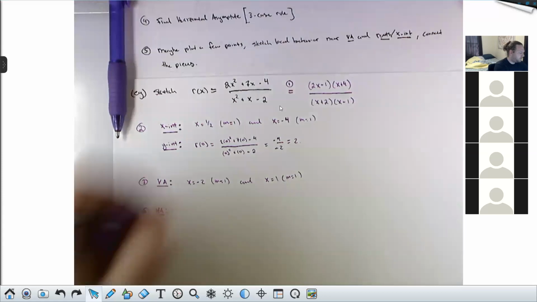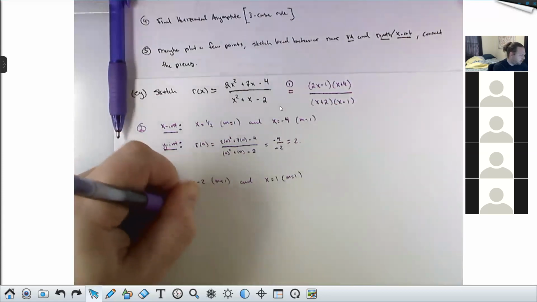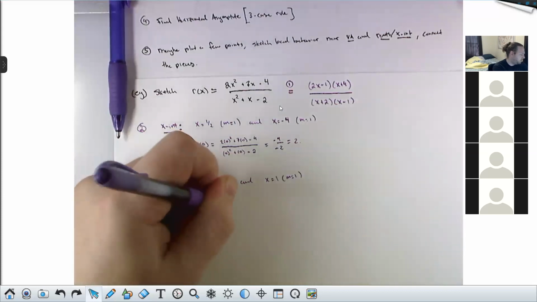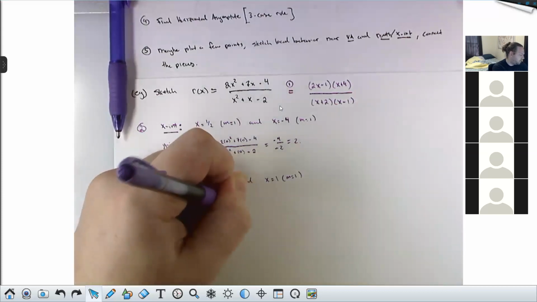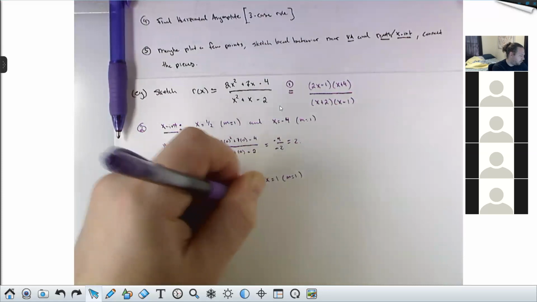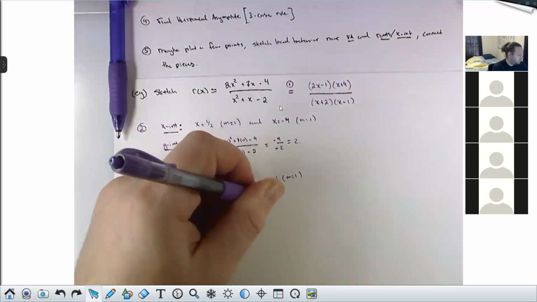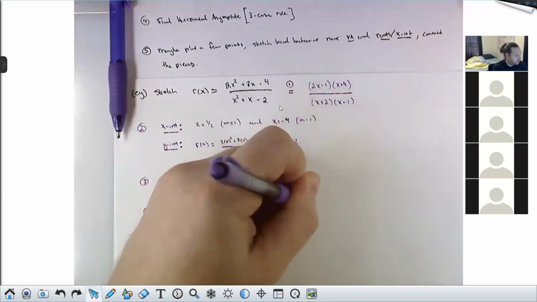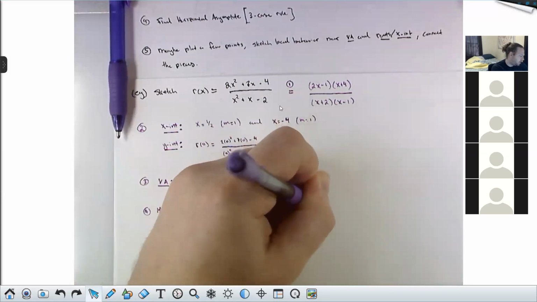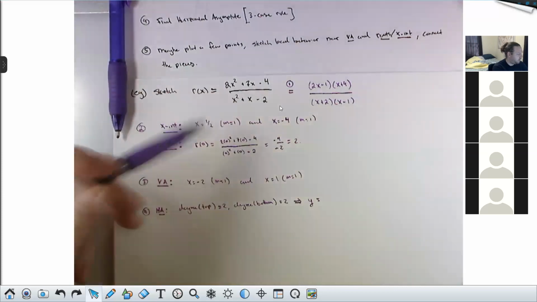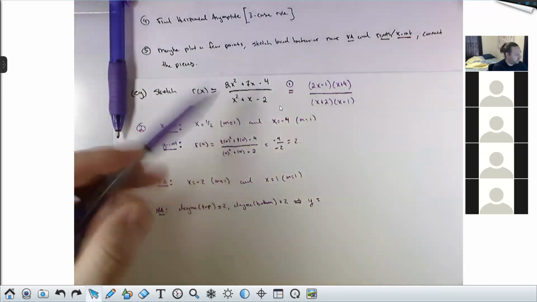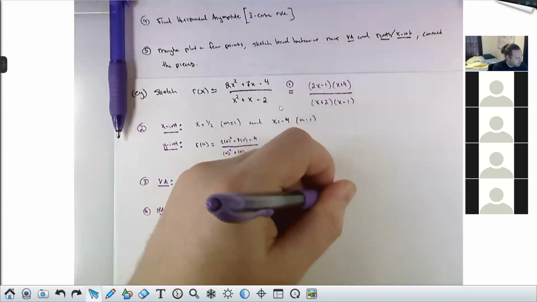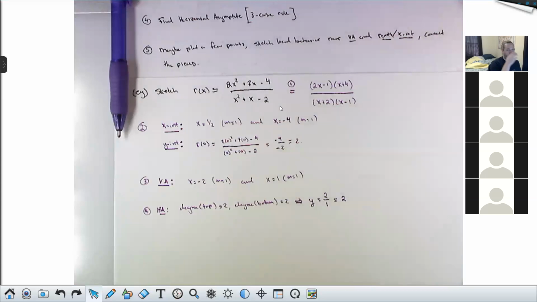It's the line y equals 2. And I'll put a little bit of explanation here. The degree of the top is equal to 2, which is the same as the degree of the bottom. They're both quadratics. So since those degrees match, my HA is the line y equals the ratio of lead coefficients. The lead coefficient of the top is 2, the lead coefficient of the bottom is 1. So that's the line y equals 2.